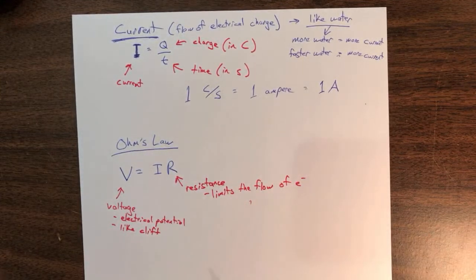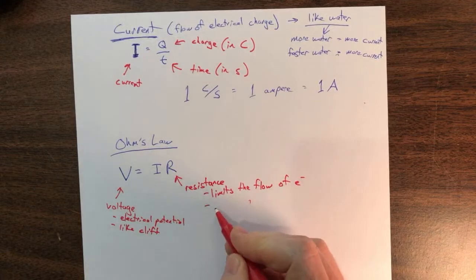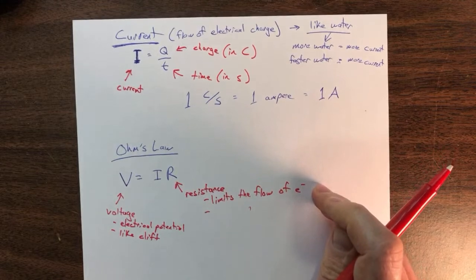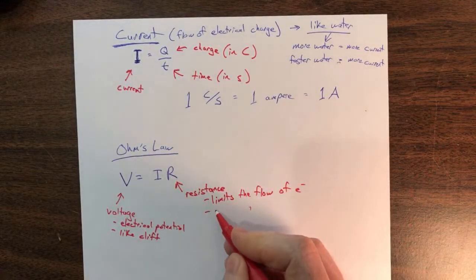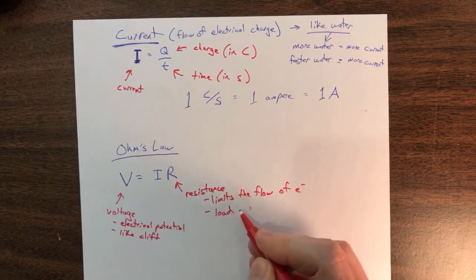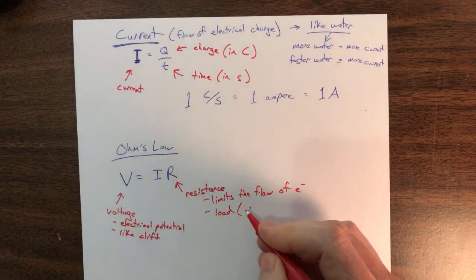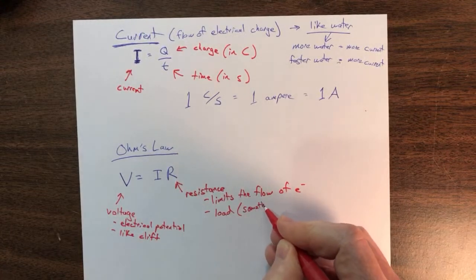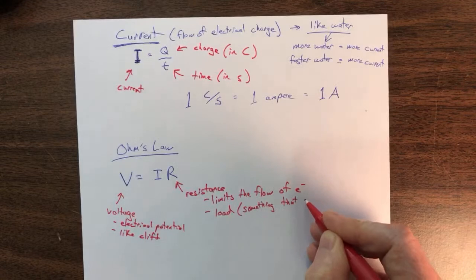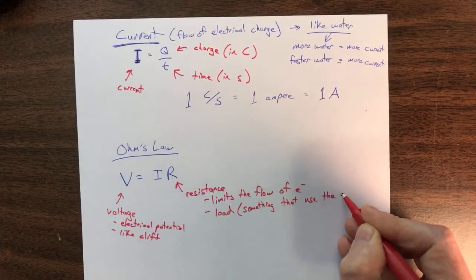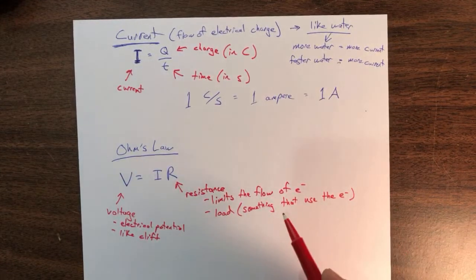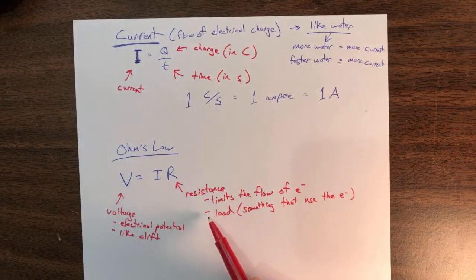Sometimes you can think of resistance this way: resistors limit the flow of electricity, or you could think of it as a load, which is typically an electrical load, or something that uses the electricity, and that might be anything at all. So it could be a light, any kind of motor, or any kind of device. And so that's going to have a certain amount of resistance in it.